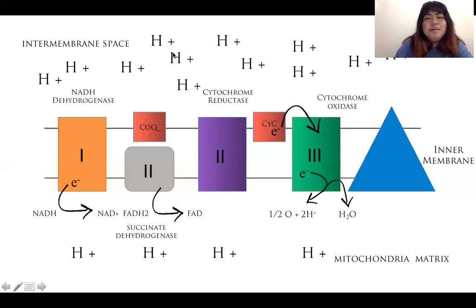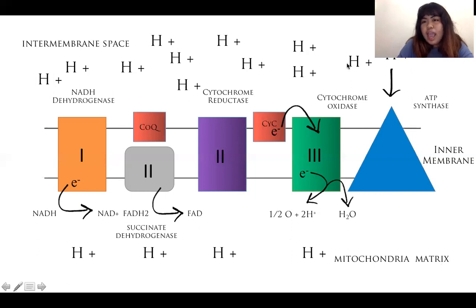So this intermembrane space will then have a large concentration gradient compared to the mitochondrial matrix. They'll be all up here. And ATP synthase will then use this large concentration gradient in its process.